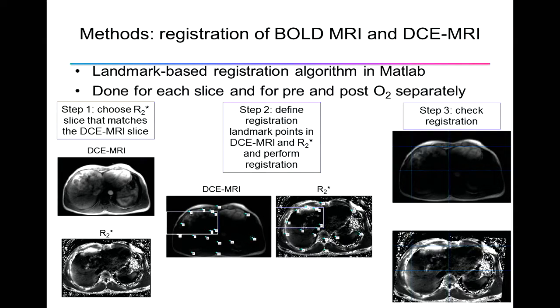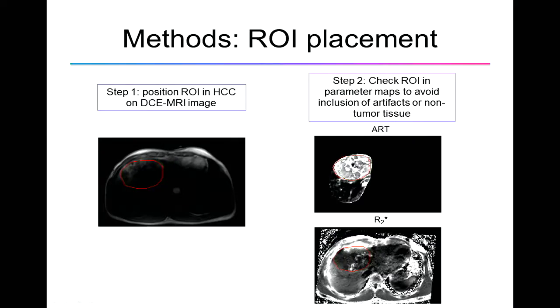Subsequently, the DCE-MRI and R2* maps were co-registered by manually defining landmarks that were present in both images, and then the registration was checked visually. After this registration, we positioned the ROIs in the HCC tumors on a native DCE-MRI image and propagated these ROIs to the DCE-MRI and BOLD parameter maps to avoid inclusion of artifacts or non-tumor tissue.